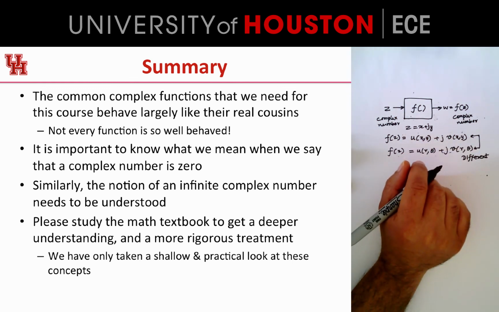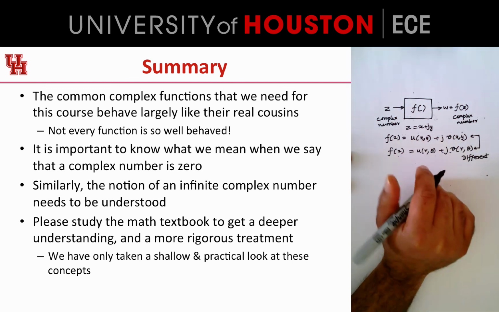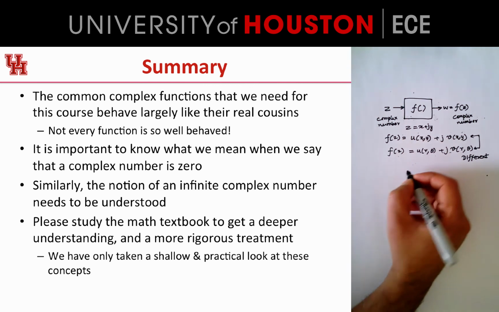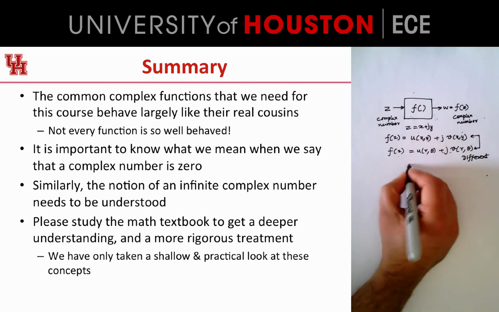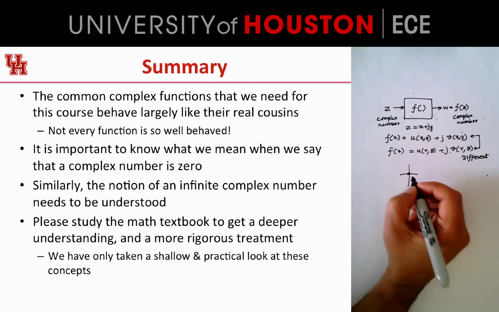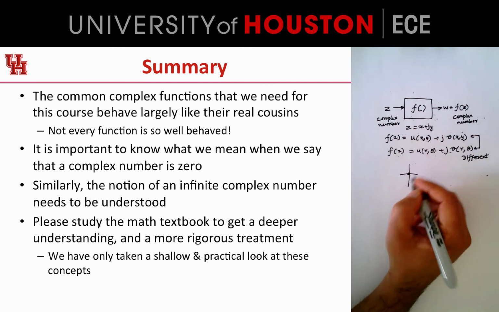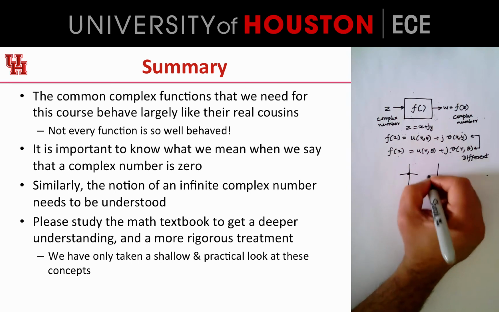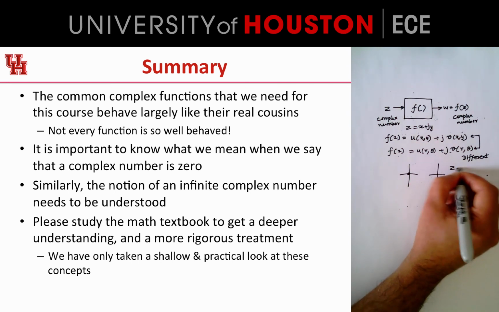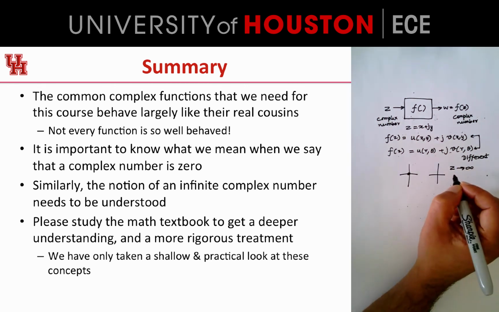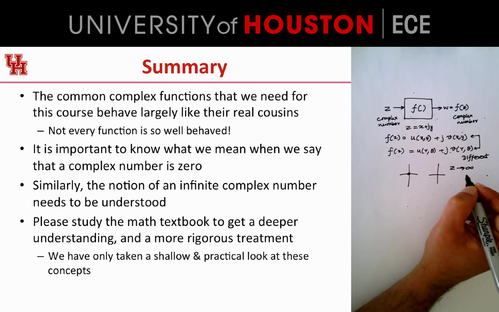And the second thing that we talked about today is the notion of a complex zero. A complex zero is a number that's at the origin. Its magnitude is 0, but its angle is indeterminate or undefined. We also talked about the notion of a complex infinity. This is a number that's far, far away from the origin, and it has an undefined angle.